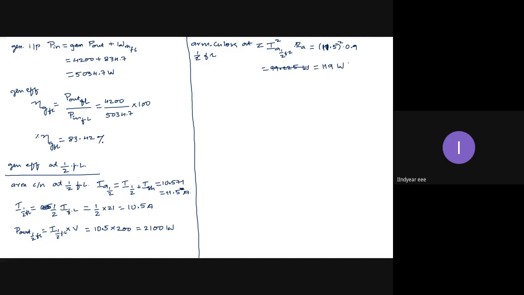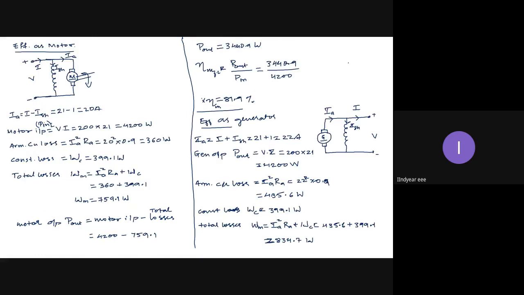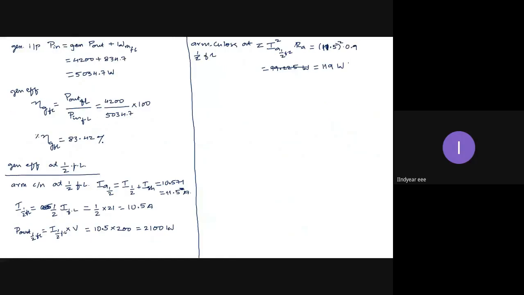And what were the armature copper losses at full load? It is 435. So is it half of that? No, sir. You can't take it like that also. You cannot directly divide armature copper loss by 2 at half the full load condition, because armature copper losses are not linear with current. They are quadratic with current.